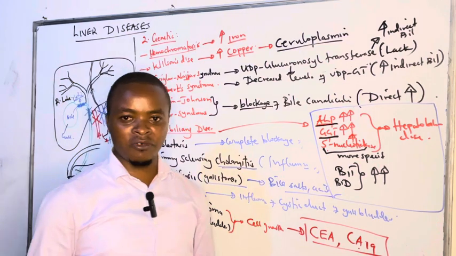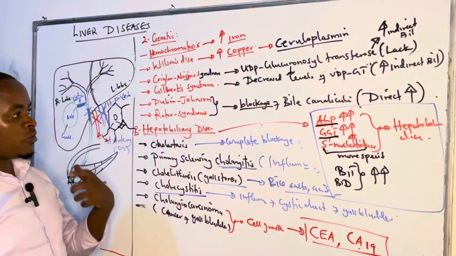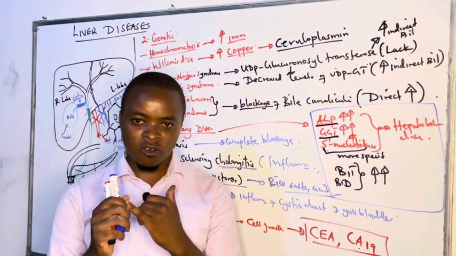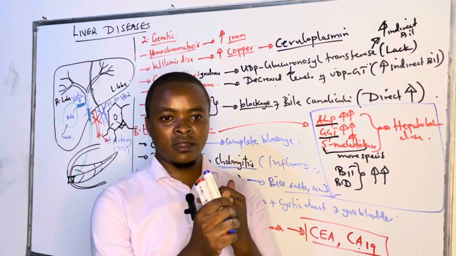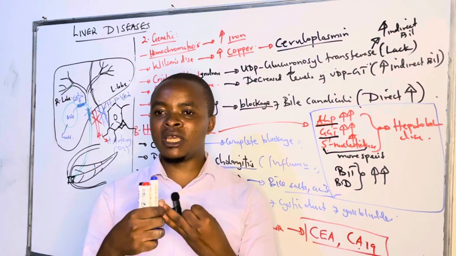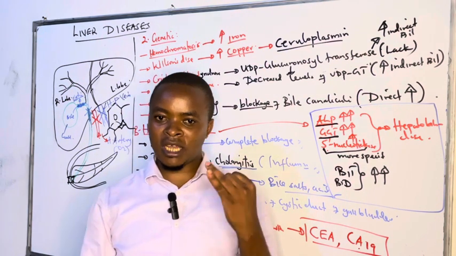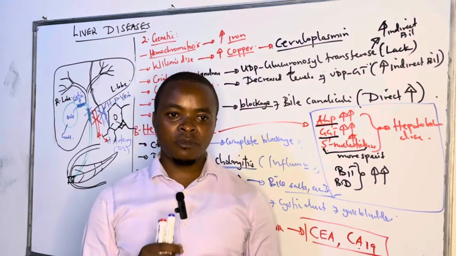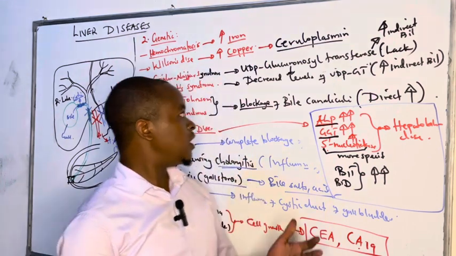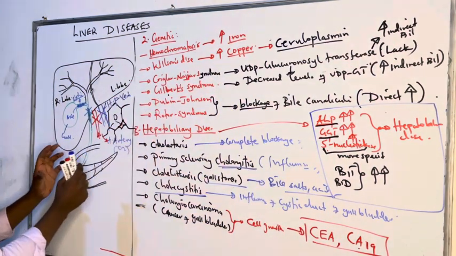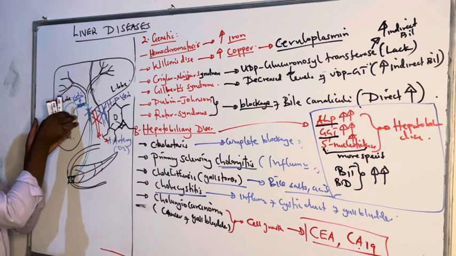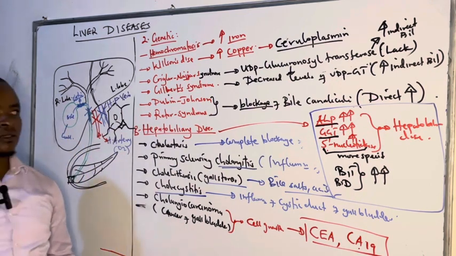Thank you so much for being with us today. So remember, we started with hepatocellular causes, whereby we saw both acquired and genetic, and we saw how we can confirm them using radiology and lab tests. From there, we looked at the second part, which is hepatobiliary diseases, which affect the biliary system, and can be either intrahepatic or extrahepatic.